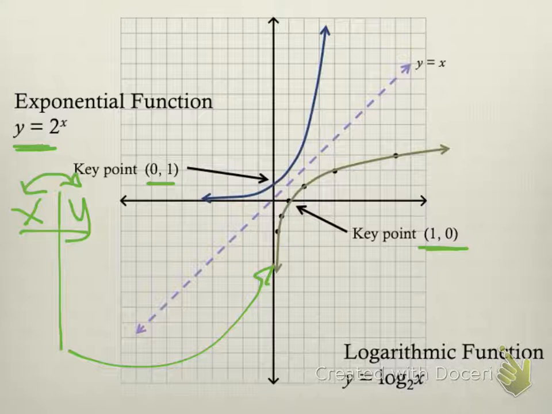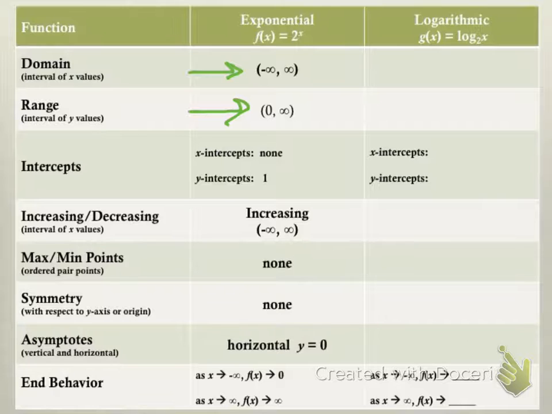So now it's actually my domain that's being limited, and my range is unlimited. It can go up and down as far as I can imagine. So now for the logarithmic, it's my domain that will go from 0 to infinity, and my range will be all real numbers.